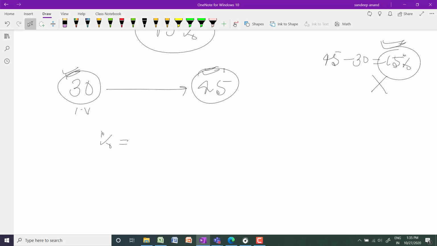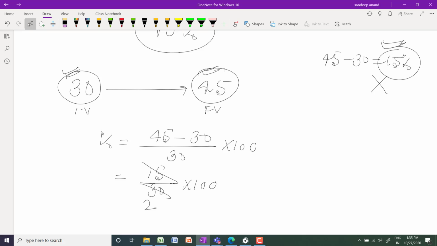This is my initial value, this one is my final value. You calculate final value minus initial value divided by initial value into 100. So this comes 15 by 30, multiply by 100, and it comes to 50. It means there is a 50% increase in area. Are you following me?